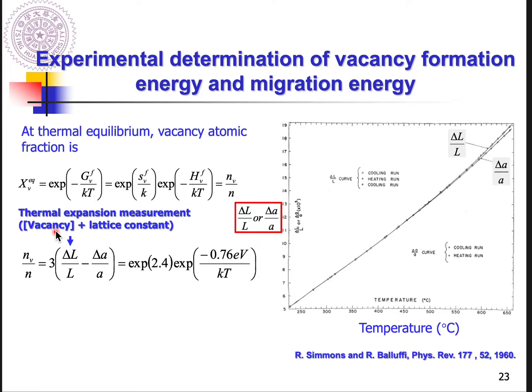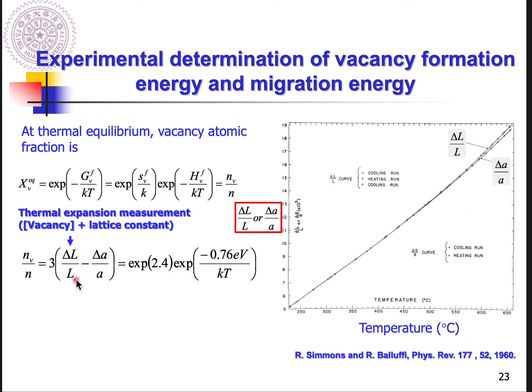And this expansion comes from two reasons. The first one is the number of vacancies increases. And the second reason is the increase of lattice constant. So as long as you get the delta L, the total increase in length over L, and you subtract the contribution from the lattice constant part, then the residual part will be from the vacancy part.